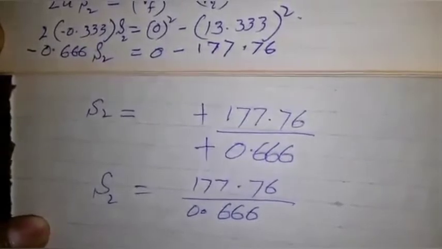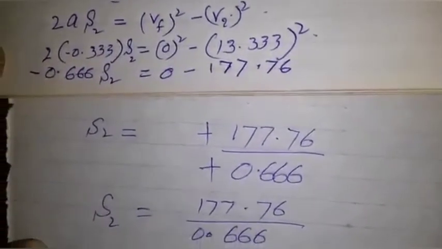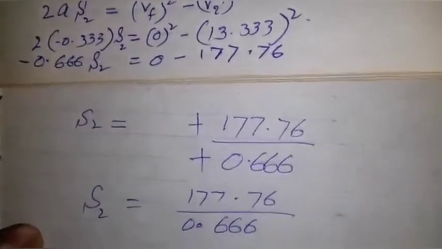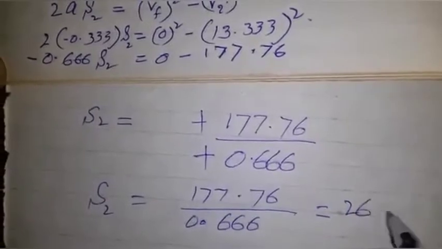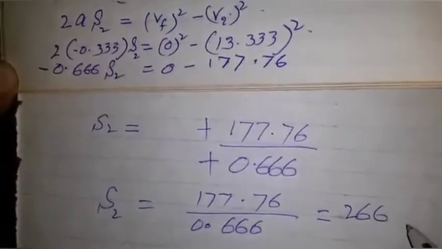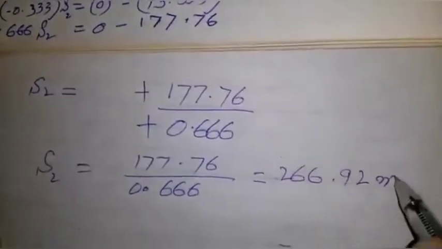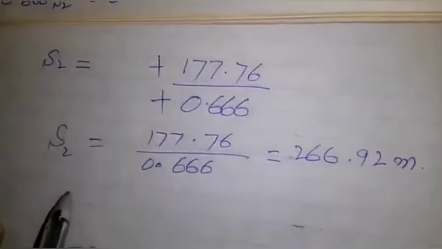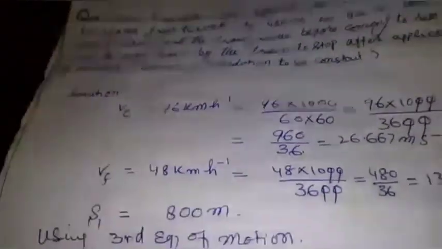Now I divide by 0.666 is equal to 266.92 meter. Now we have its other part, which is to find the time taken by the train.